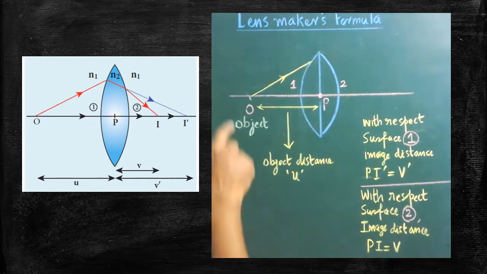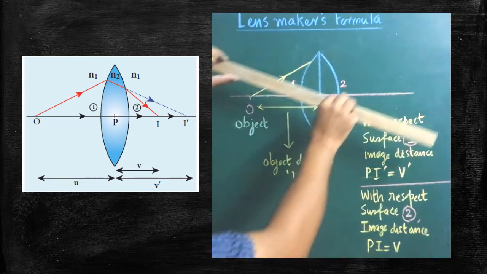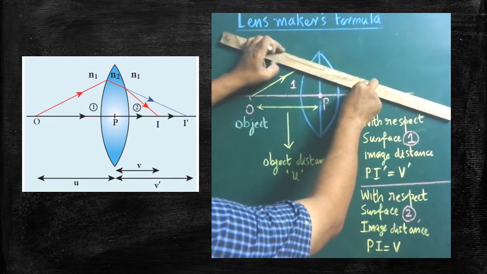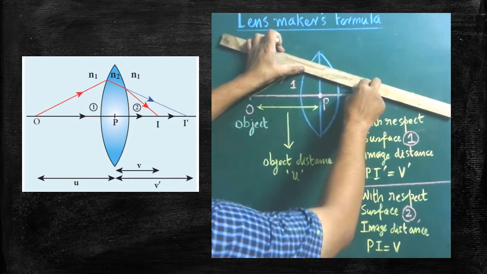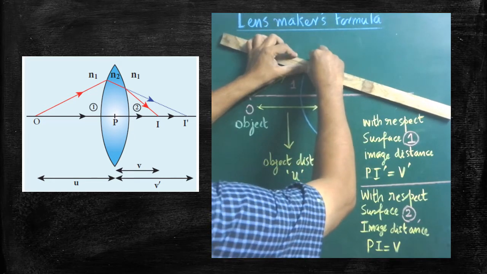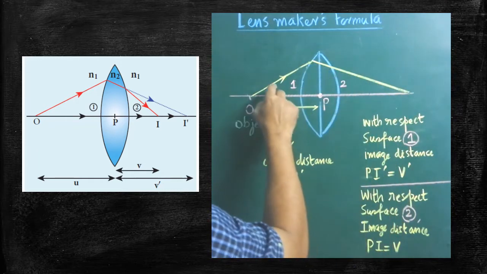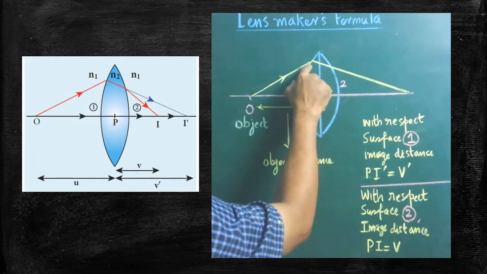After getting refracted, the incident ray gets refracted. The refracted ray is going to travel very far from the lens. I am using the same yellow line. Look at that. This is the refracted ray. This is the ray incident on the first surface.